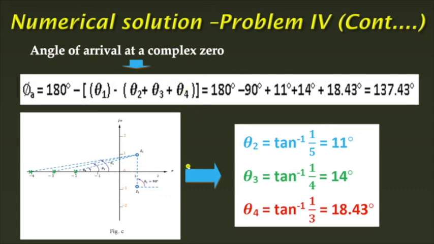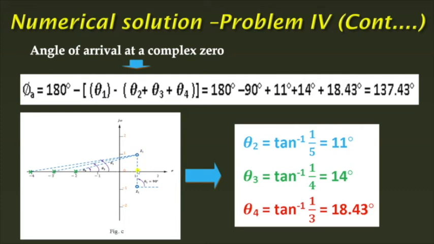Theta 2 equals tan inverse y by x, so y is 1 and x is the magnitude 1 plus 1 2 plus 1 3 plus 1 4 plus 1 5. That is tan inverse 1 by 5, which is 11 degrees.